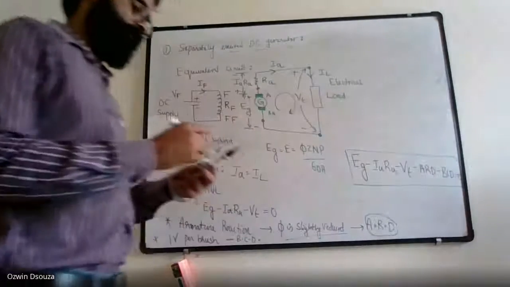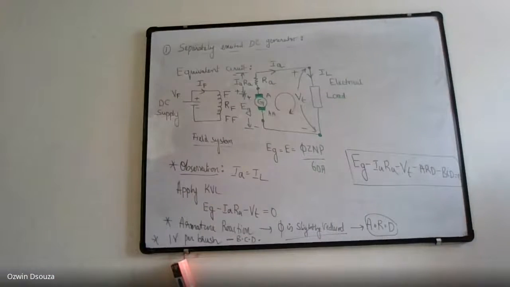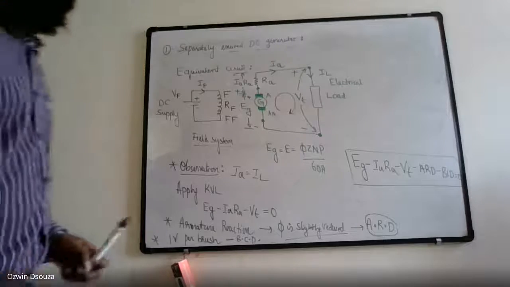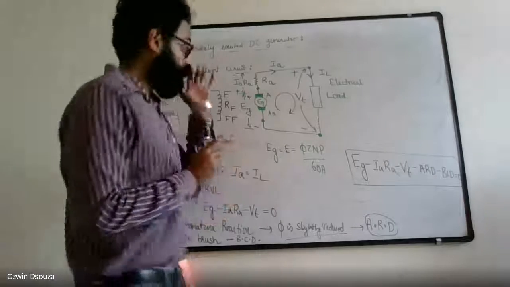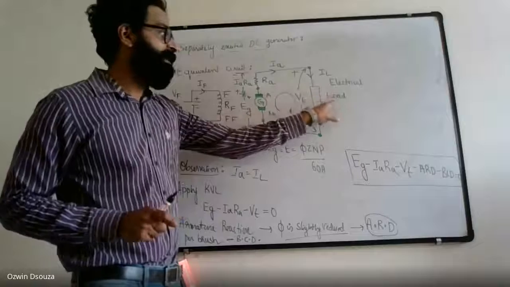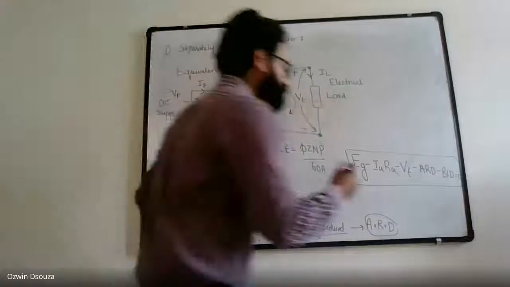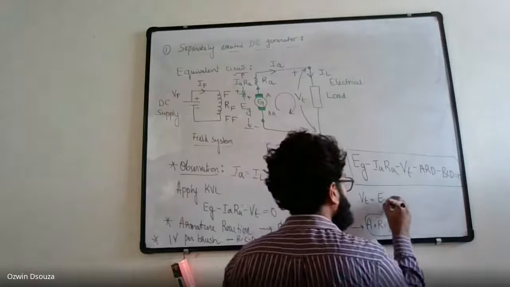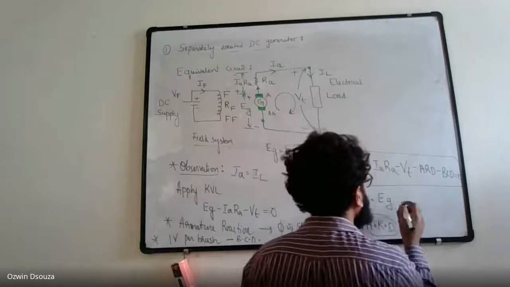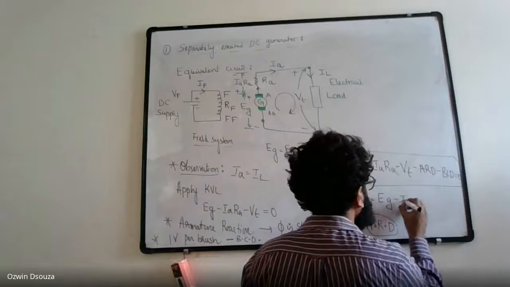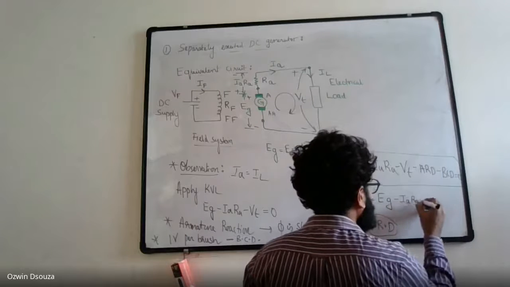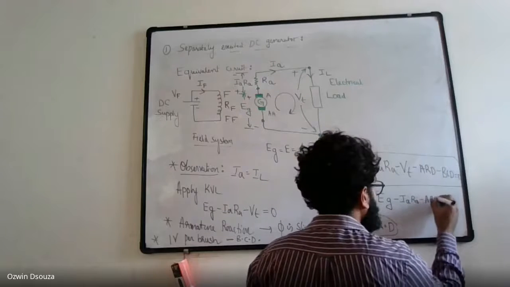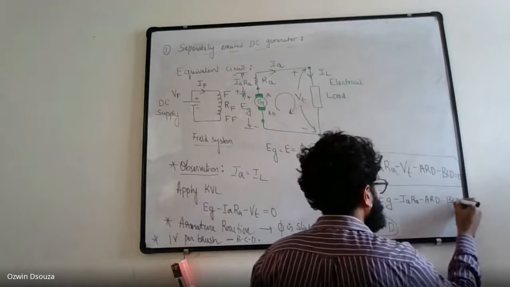Or the voltage coming across the load is VT equal to EG minus IARA minus ARD minus BCD.